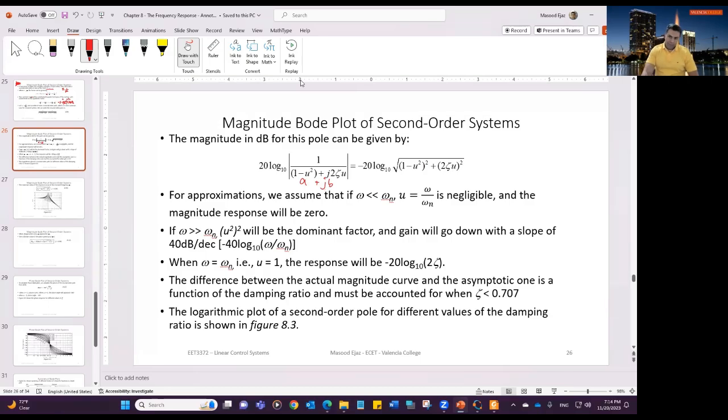Now the approximation, because remember, Bode plot is an approximate plot. So what is the approximation?